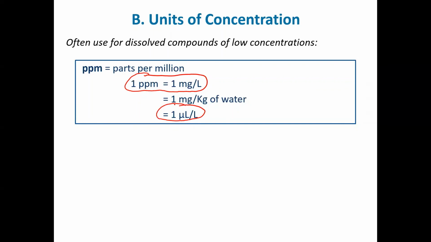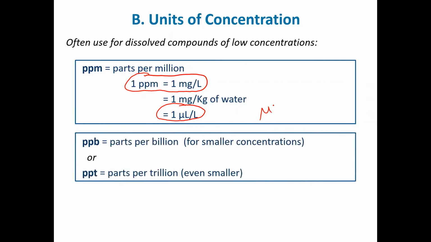We're not going to worry too much about microliters in this course, but if you see that little symbol, that's a micro. Sometimes parts per million are not small enough, so it's common to see parts per billion, and every once in a while parts per trillion. I've only ever seen that once, but parts per million and parts per billion are going to be really important in this class.